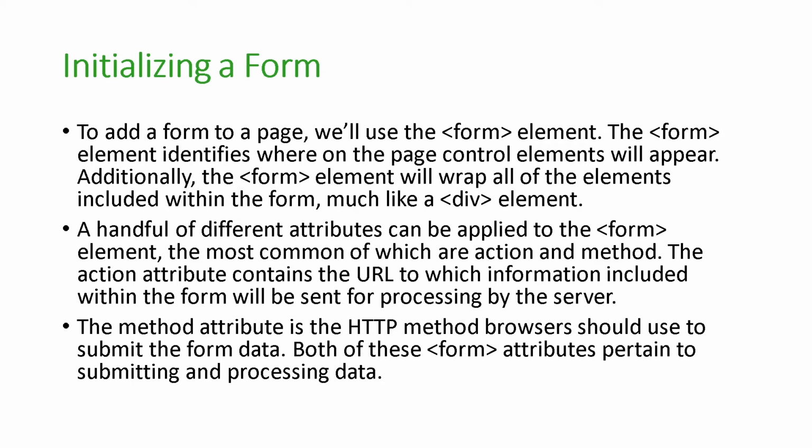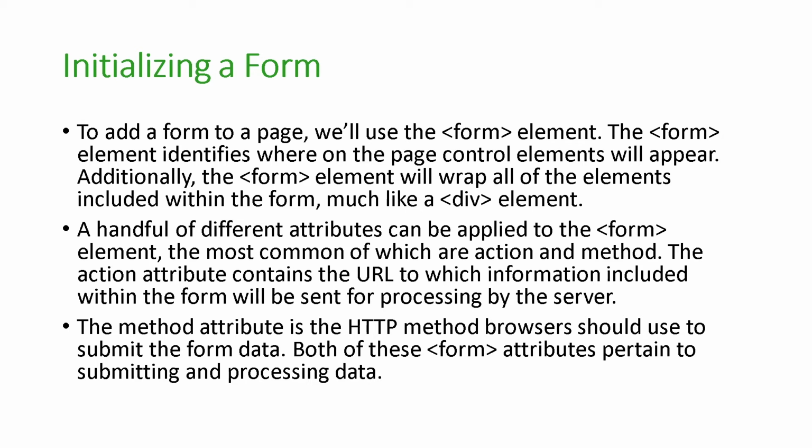Both of these form attributes pertain to the submitting and processing of data. So again, we're not particularly concerned about these for the scope of this course. We're not really going to use them, but I want you to be aware of them and see what they look like in context. Right now, it's more for knowledge than anything else.